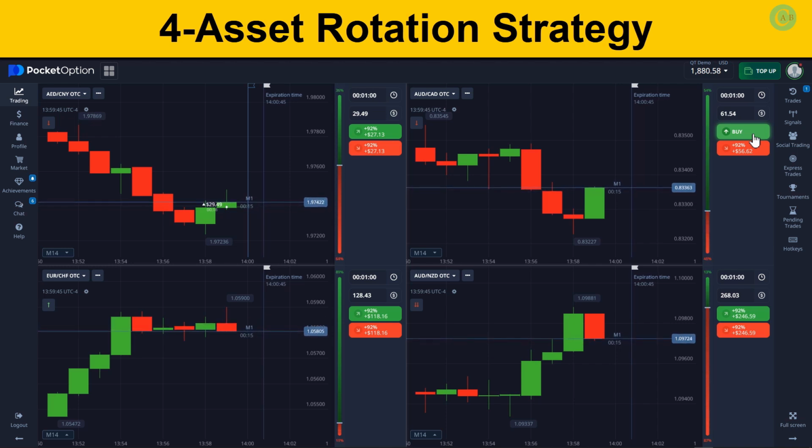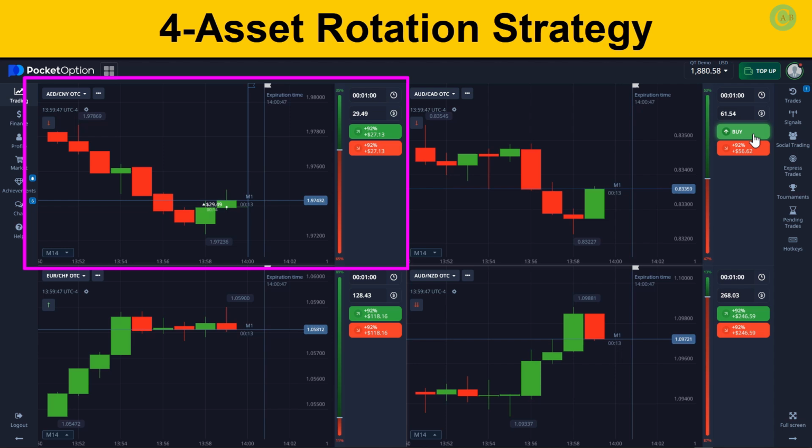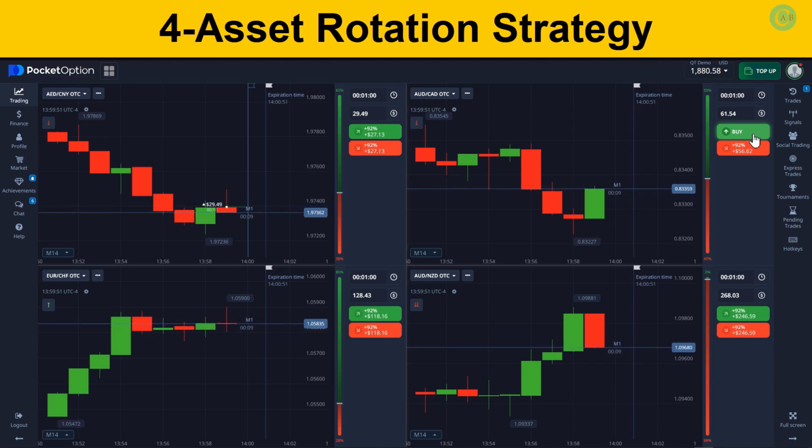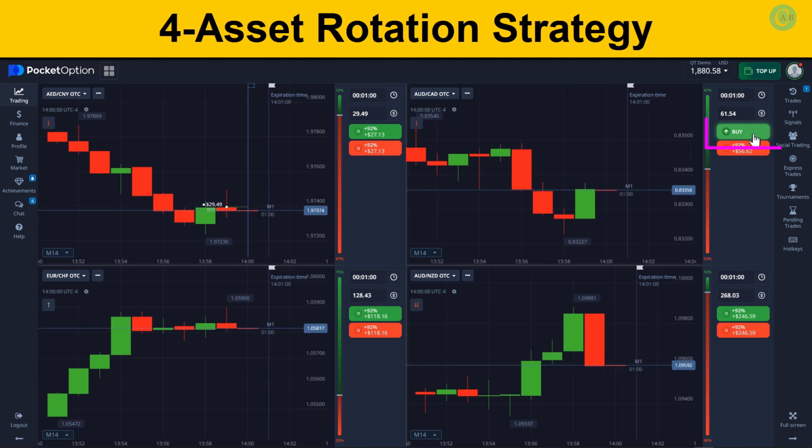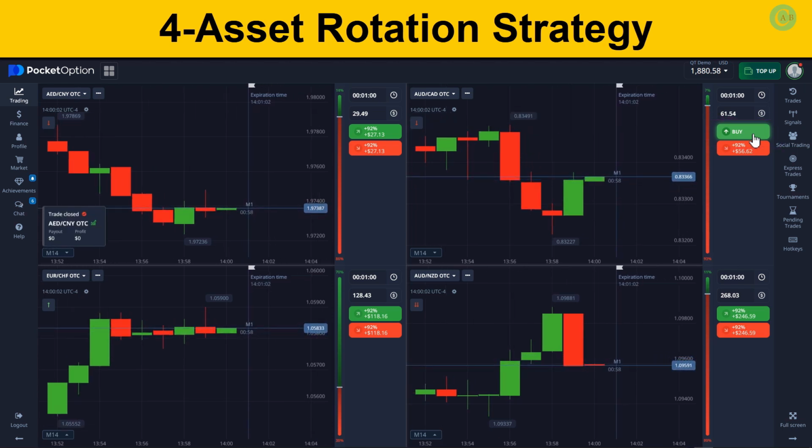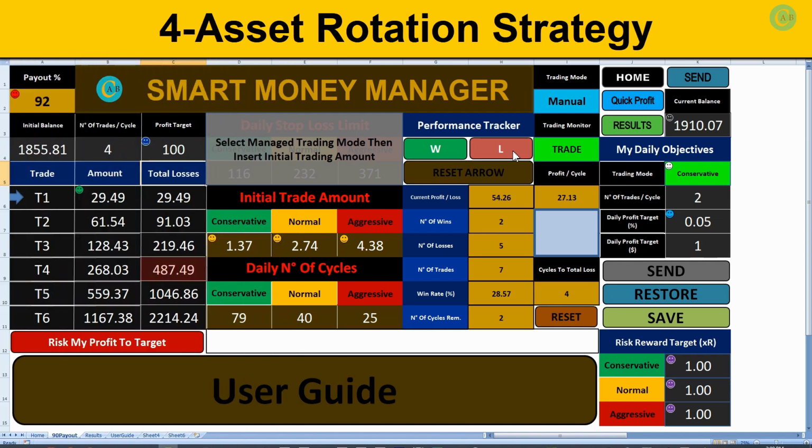My eyes on the first chart for the first trade, and the candle has to close with green color. So I'm gonna follow up with the second trade in the second chart with another buy option. Let's go. Then I'm gonna go back to my trades manager to update my results with red L button.